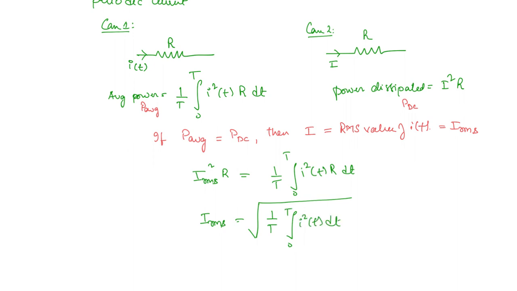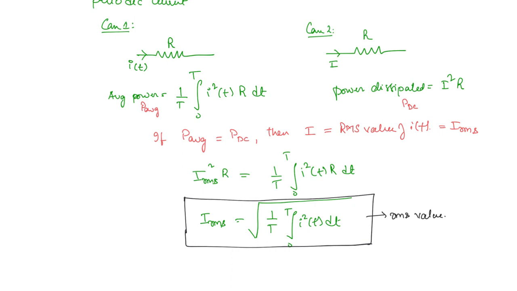You can see that first we are squaring the current function, then we are taking the average, which we can also call the mean, and over that we are taking the root. So root, mean and square. This is the expression for the RMS value. Now this RMS concept can be extended to voltage as well.